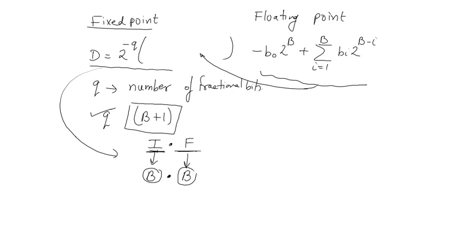While in the case of floating point, we have flexibility. I will take one example to show why the dynamic range of floating point is huge, because there is an exponent term, 2 to the power something. That we will see with one example, so it will be more clear to you.